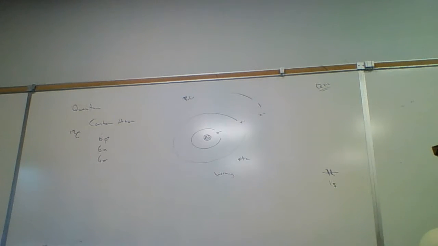Well, one way of drawing the 1s orbital is by either a sphere or what's this called? When I draw these dots on here, what do I call that? What do the dots represent?